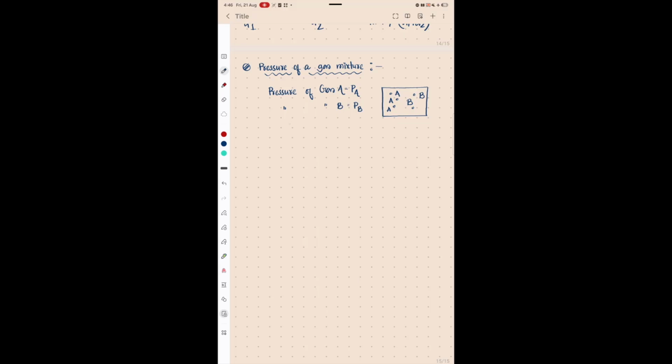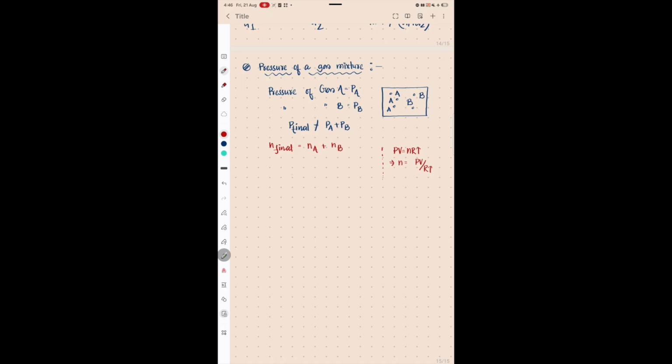Now these are not additive, so the final pressure is not equal to PA plus PB. But n is an additive property, like the number of moles. So n final is na, the number of moles of A, plus the number of moles of B. Now from the ideal gas equation, PV is equal to nRT, so n will be PV upon RT.